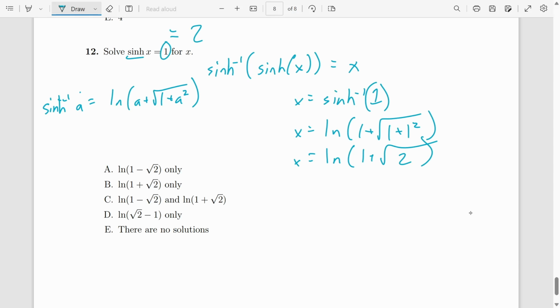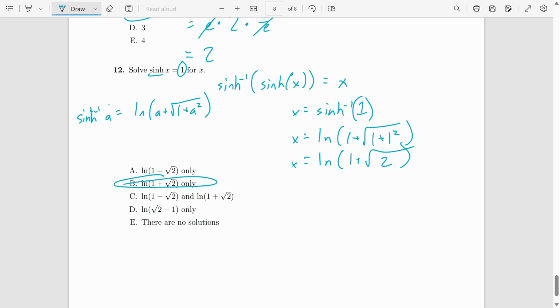That is exactly our answer B. Why is it asking about the inverse sinh function? No idea, but it is. It's the first time it's asking about this. I doubt it'll appear in any of your exams, but that's how you do this, by just remembering that inverse sinh just equals that big function.